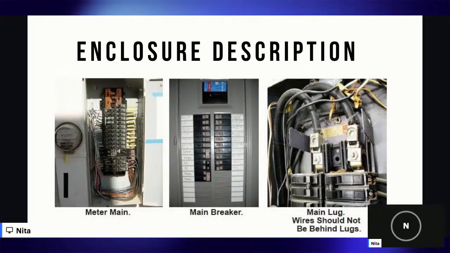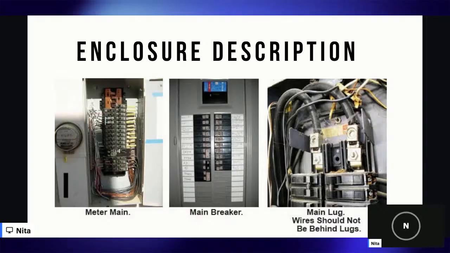And then your main lug. This has no main breaker inside and is fed from a main disconnect that's somewhere else. These are typically used for sub panels. So if you have a panel downstream, after the main, it's a sub panel.